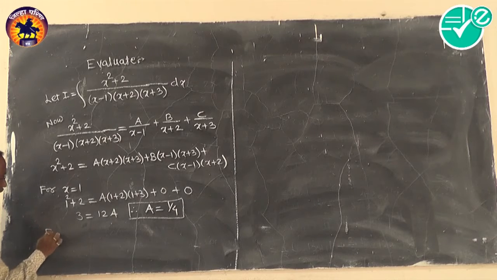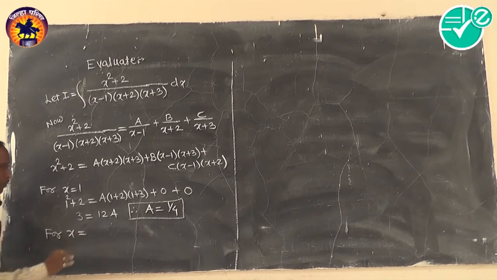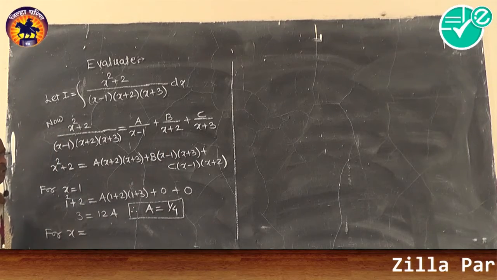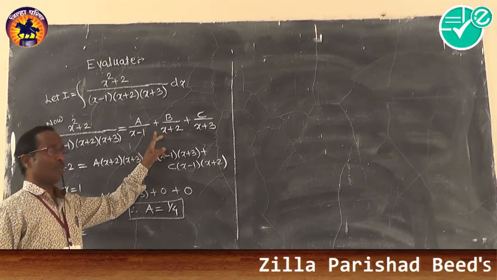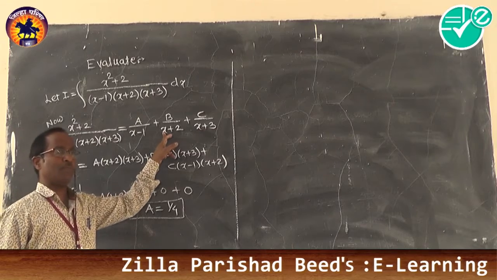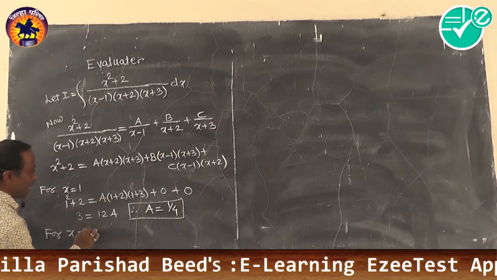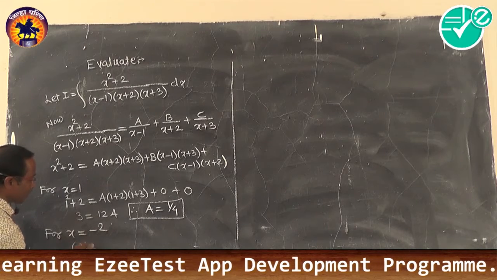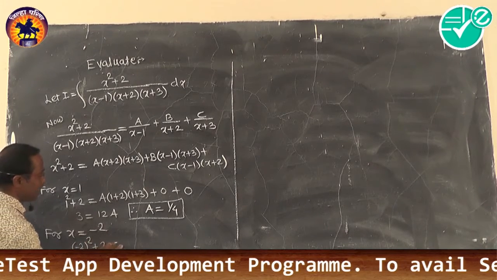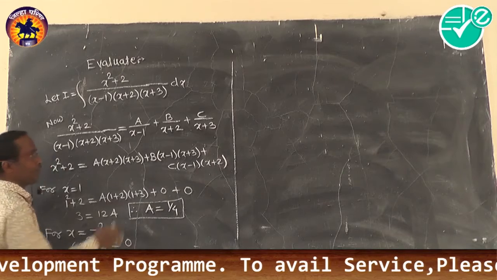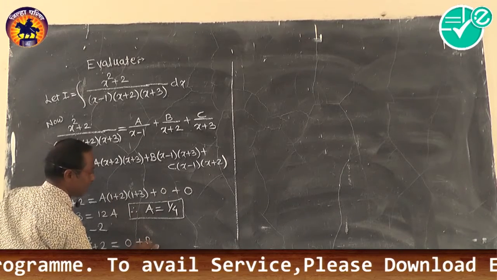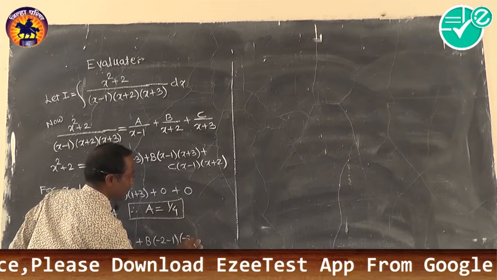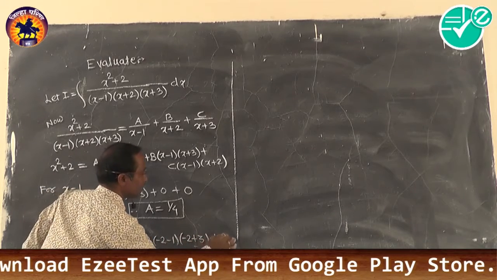Now for the second partial fraction, B upon (x plus 2), we take the value of x for which the denominator becomes 0. So x is equal to minus 2. Therefore, minus 2 square plus 2 is equal to 0 plus B into (minus 2 minus 1) into (minus 2 plus 3) plus 0.